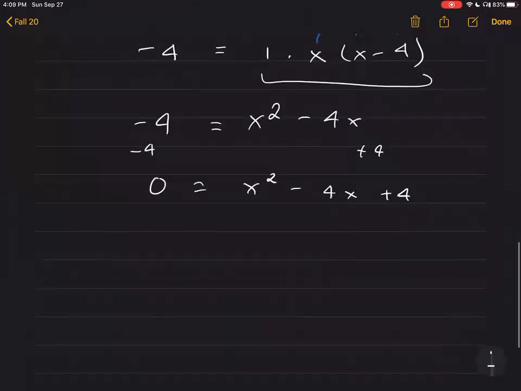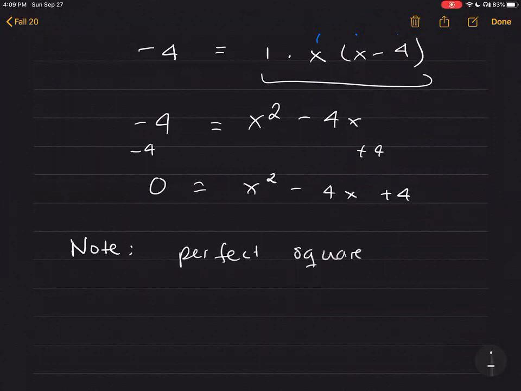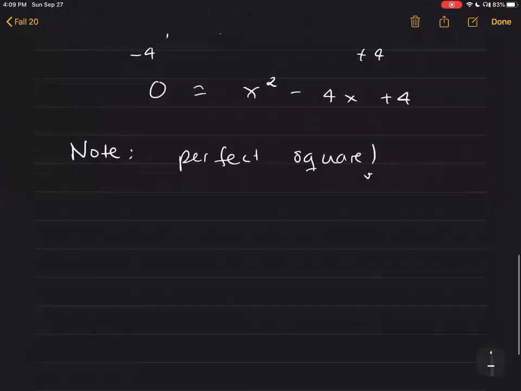Now, you can factor this using the AC method. That's totally fine. Or you can note this is a perfect square. Right? So then we get 0 equals x minus 2, x minus 2, right?